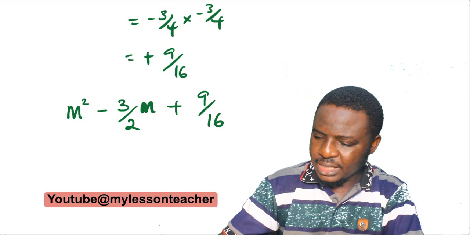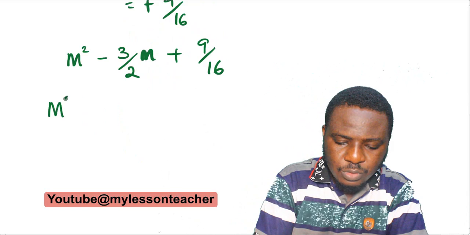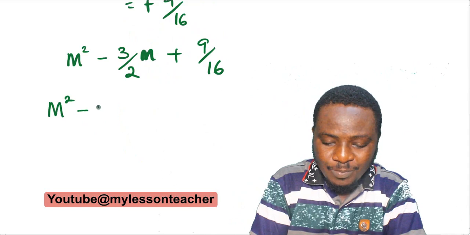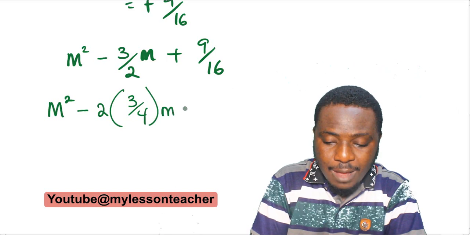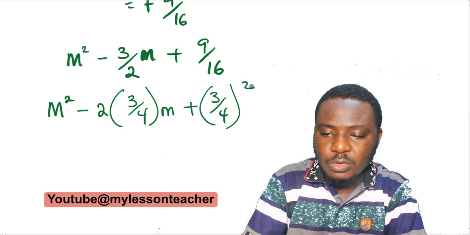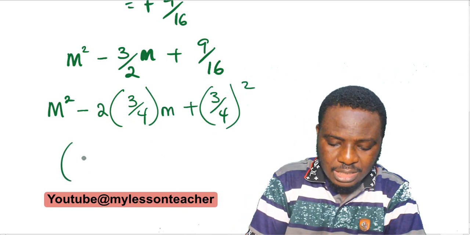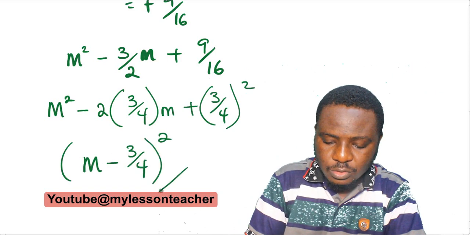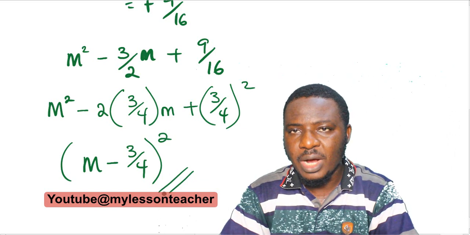So expressing it in the general form, this becomes m squared minus, if you divide this by 2, it gives you 2 into bracket 3 over 4 m plus 3 over 4 all squared. So in this case, when this has been expressed, our answer becomes m minus 3 over 4 all squared. So this is your answer.